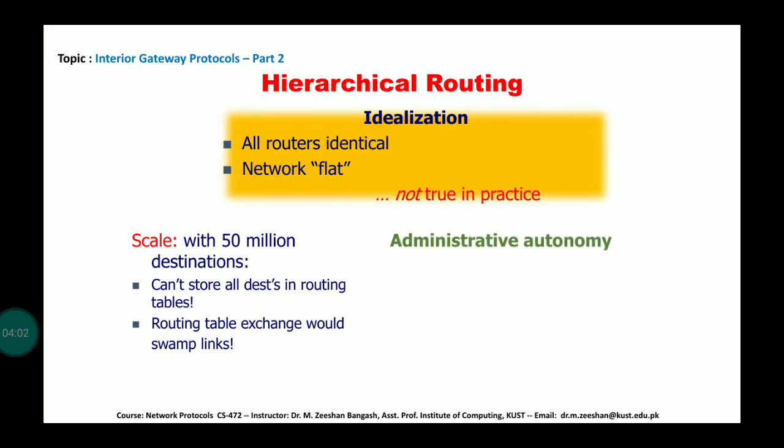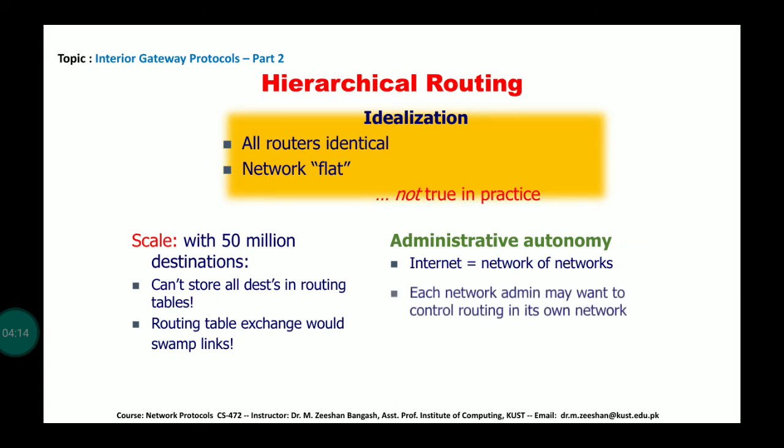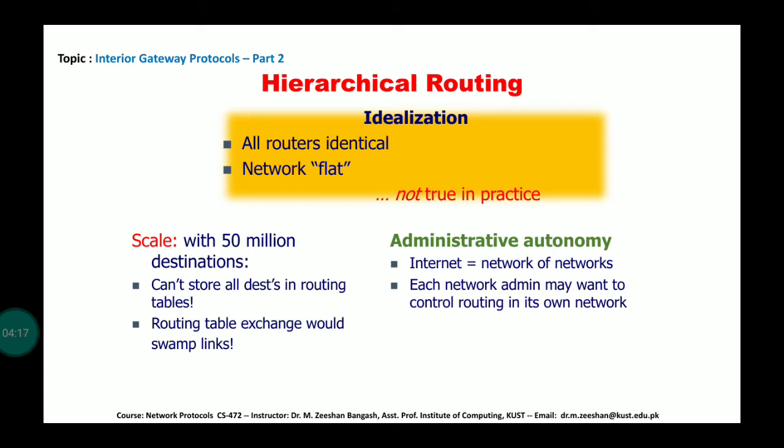Secondly, the next issue is related to administrative autonomy. Now, what is the internet? The internet is basically a network of networks. It's a wide area network. However, each admin belonging to any network wants to control the routing in its own network.